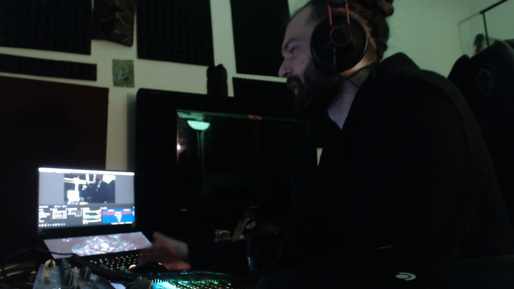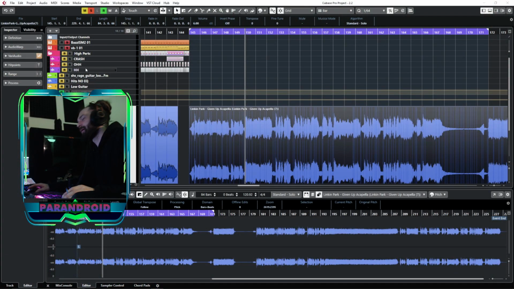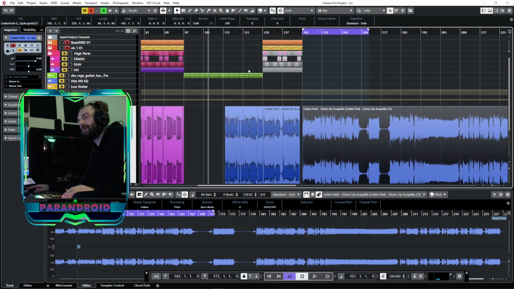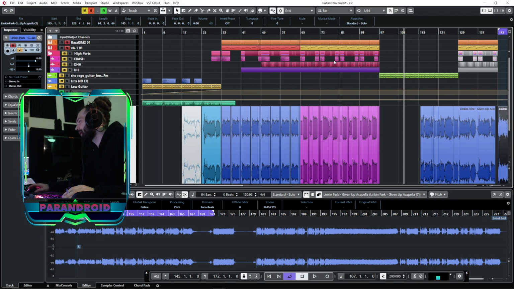But what I actually wanted to make a point out of is how simple it is to take anything that is in minor and change it into major, or vice versa. Take anything that is in major and change it into minor, and you can still work with it. So basically, you end up with a minor composition with the lead vocal actually recorded in major, but then transformed into minor quite easily.